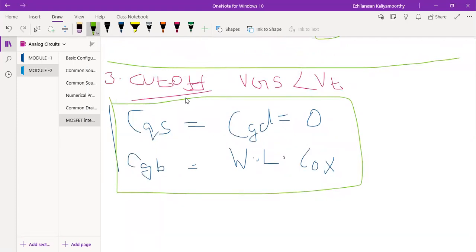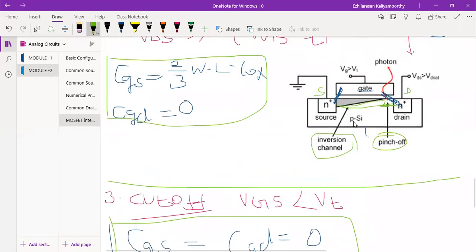So now, an additional small capacitive component should be added to CGS and CGD in all the preceding formulas, in the previous formulas. Why? Because see this diagram here. If the overlap length means, see here, this length. This portion only is the L actually, the length of the channel normally.